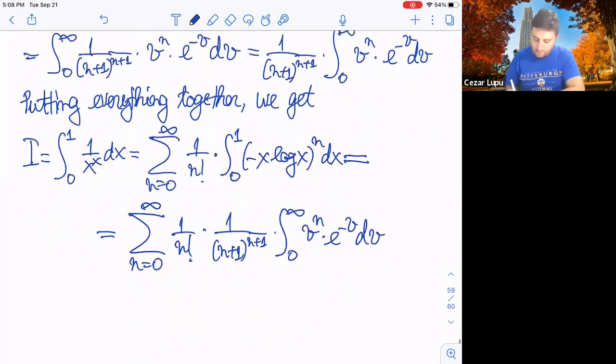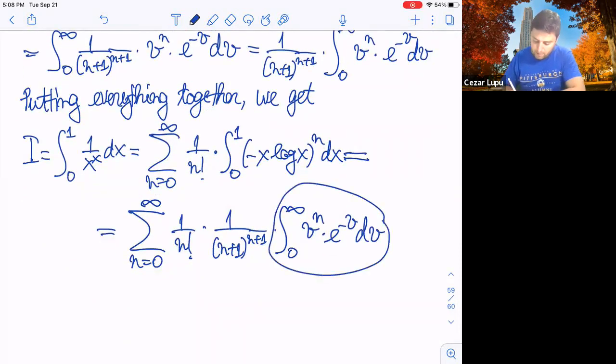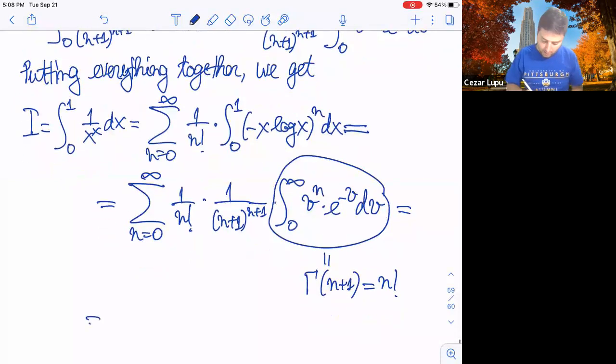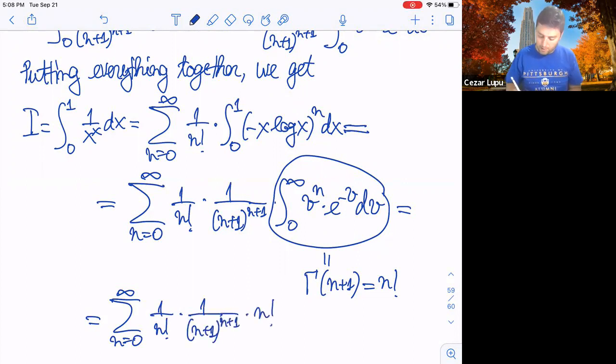But the way we define this is nothing else, and if you look at the previous lecture, this is nothing else than just Euler's gamma function evaluated at n plus 1, which is n factorial. So this is nothing else than just this. And at this point, we're done. So this is nothing else than what we had to prove.